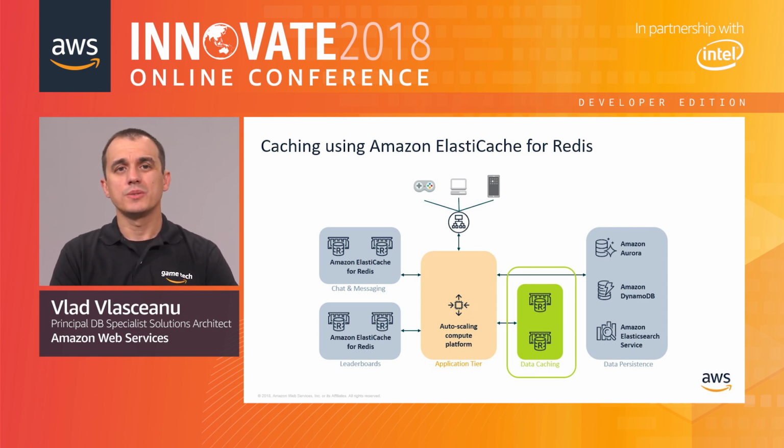Then in Redis, what you would effectively do is take the SQL statement, hash it, and use that as a hash key with the value stored as the result. And then you can easily retrieve that data set directly from memory. It works really, really well because the query patterns in gaming workloads are read heavy. And it's often more cost effective to put a cache in front than to scale out the data persistence layer itself.